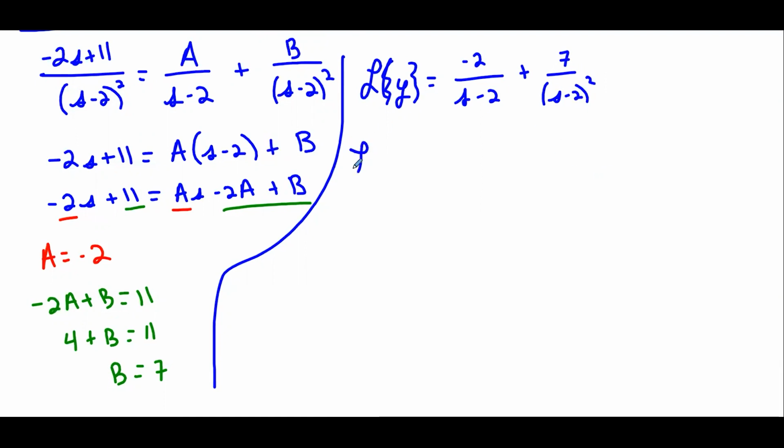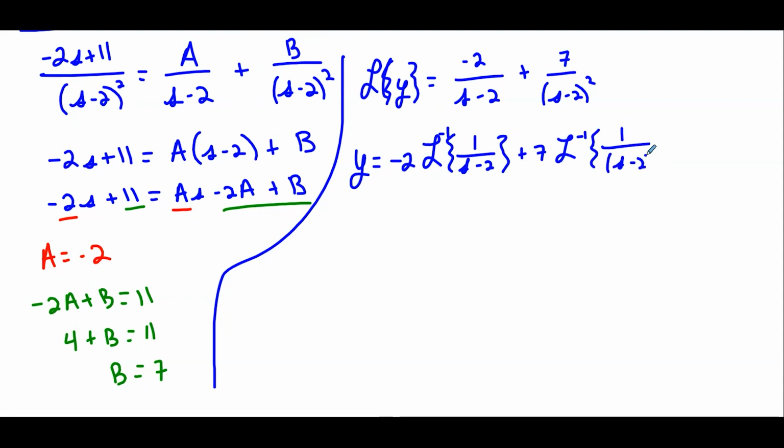So we can say the inverse Laplace transform of both sides will give us y on the left, and then this will be, let's factor out the constants here, negative 2 times the inverse Laplace transform of 1 over s minus 2 plus 7 times the inverse Laplace transform of 1 over s minus 2 squared.